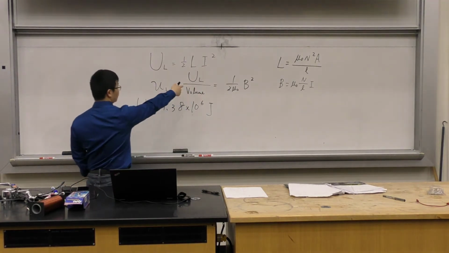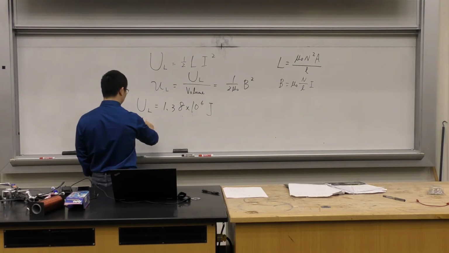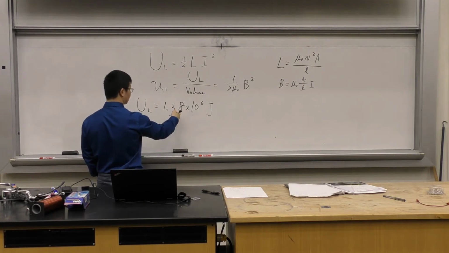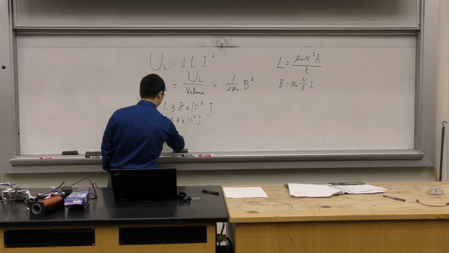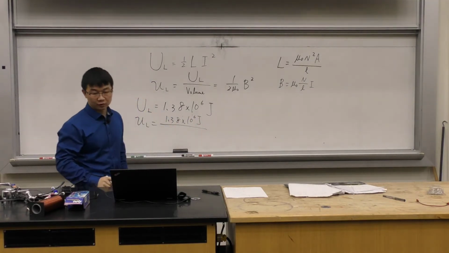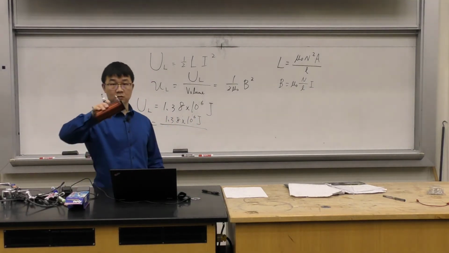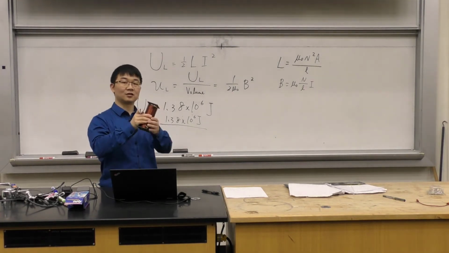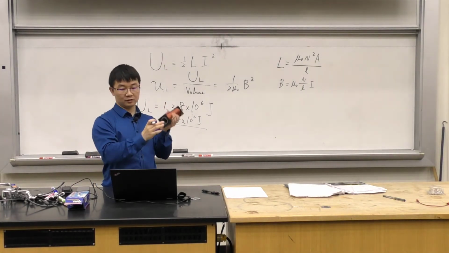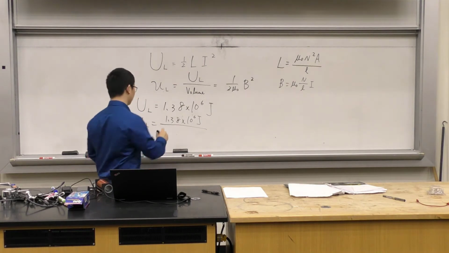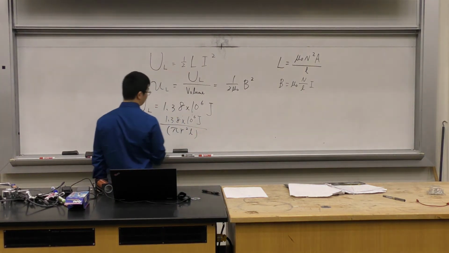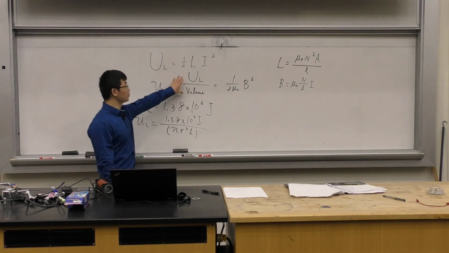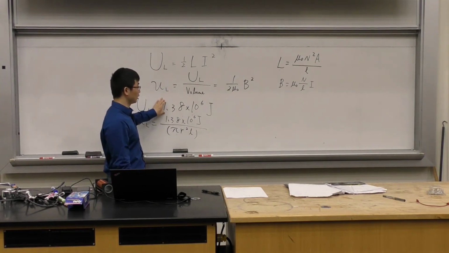Say if I want to just use this definition, the energy density is just going to be this number divided by volume. The volume of a solenoid is just the area inside the solenoid times the length, so pi r squared times the length. So that's one way to do that. I just use the definition because I already have the total energy.